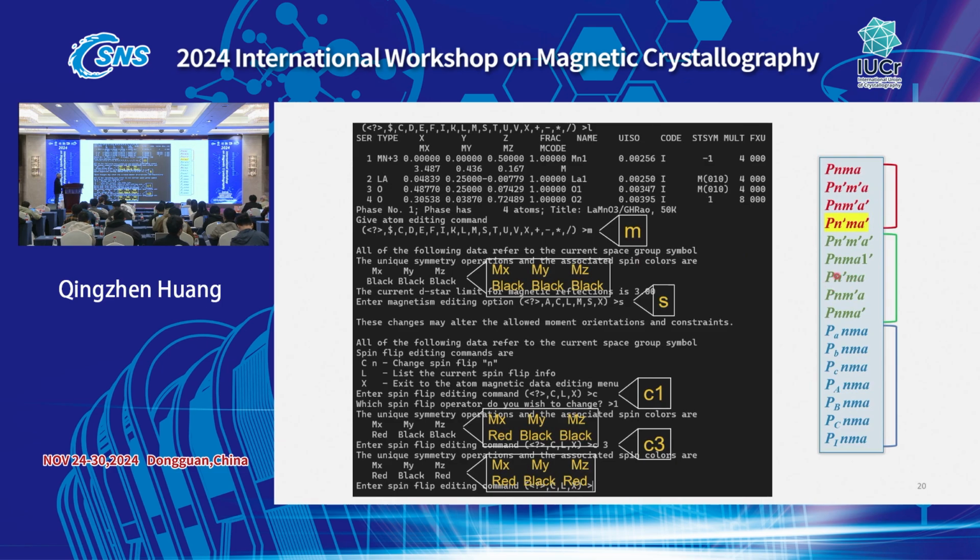Because of this space group, the first M was prime. So if you change that, the magnetic space group will be set to this space group.